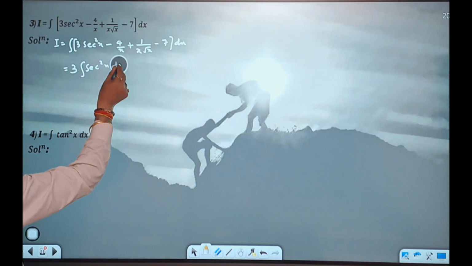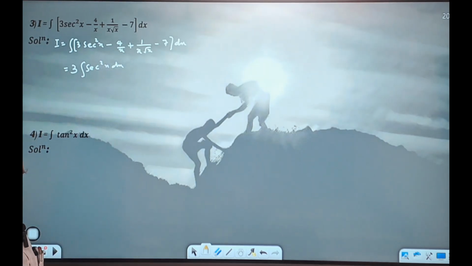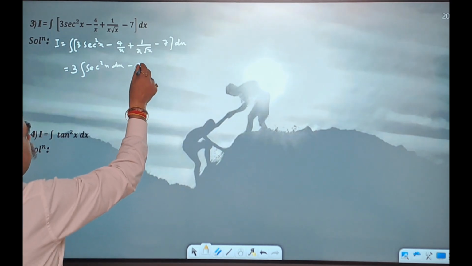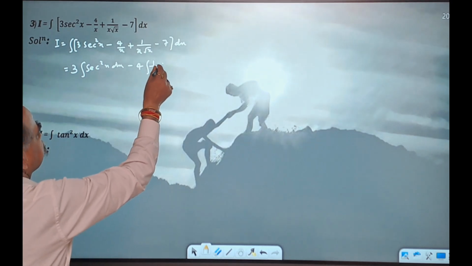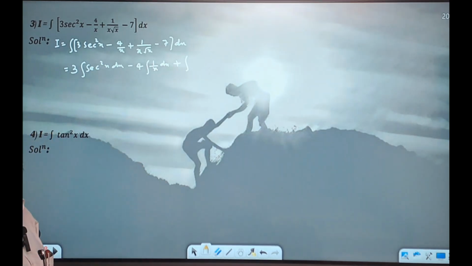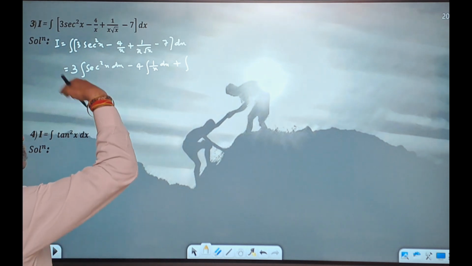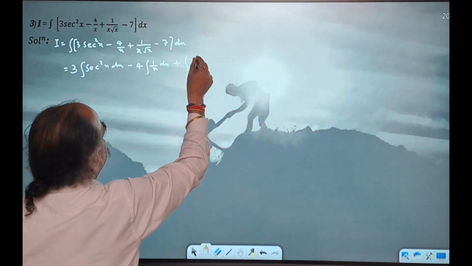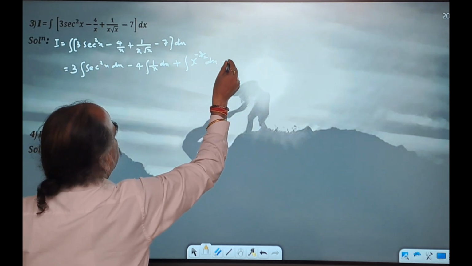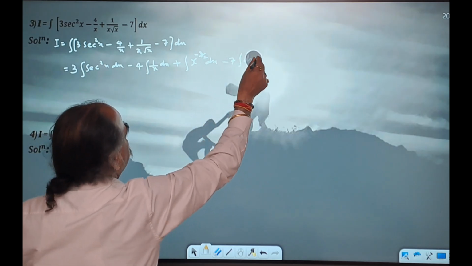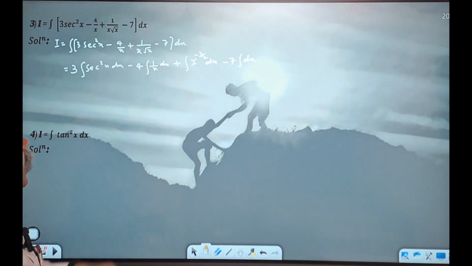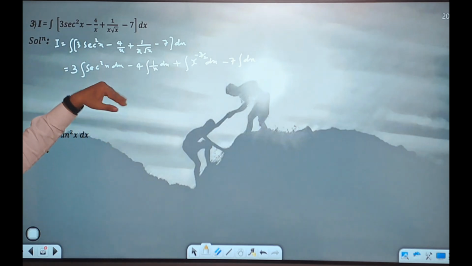We have proved that theorem: integral k f(x), k will come outside. Minus 4 integral 1 upon x dx, plus integral 1 upon x root x, which is x raised to 3 by 2, will take up and give x raised to minus 3 by 2, minus 7 integral dx. We have to take all the powers of x up except x raised to 1. Only x raised to 1 should not be taken up.